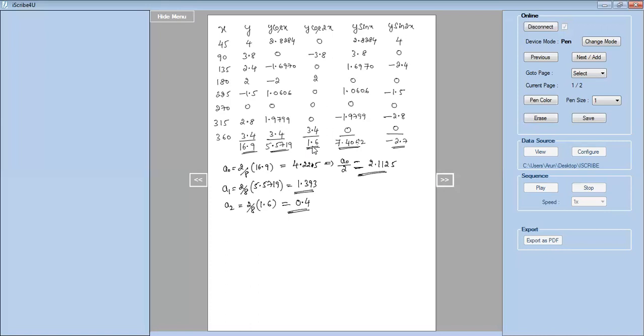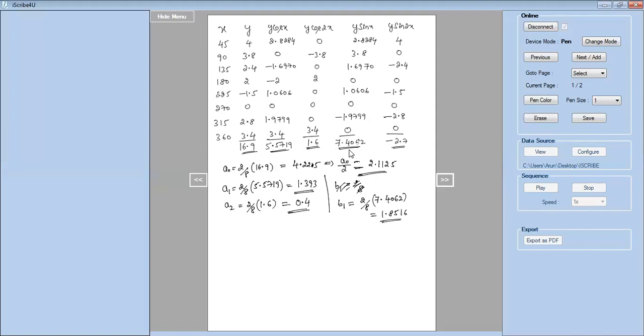This is our A2. Now similarly, I write here B1. B1 is equal to 2 by 8 into summation y sin x. So y sin x is 7.4062. So B1 value is 1.8516.